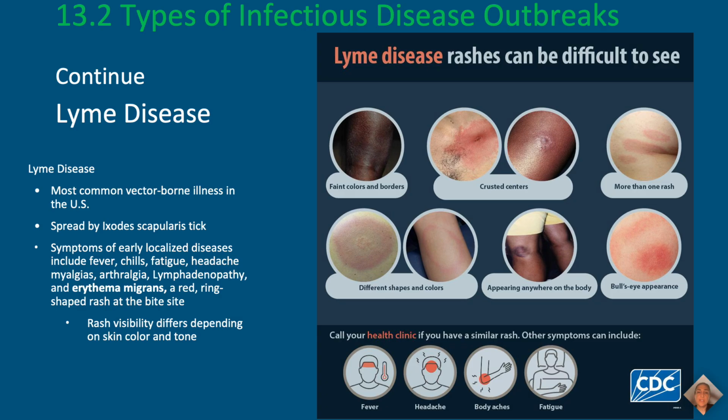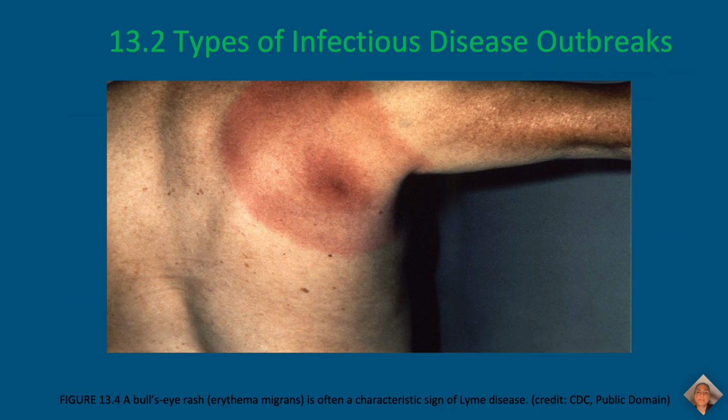It's spread by the tick, particularly, and the symptoms of early localized disease include fever, chills, fatigue, headache, malaise, arthralgia, and also we see erythema, lymphadenopathy, migraines, a red ring-shaped rash at the bite site. Rash visibility differs depending on skin color and tone, and if it's untreated or undiagnosed, it progresses to a disseminated disease.